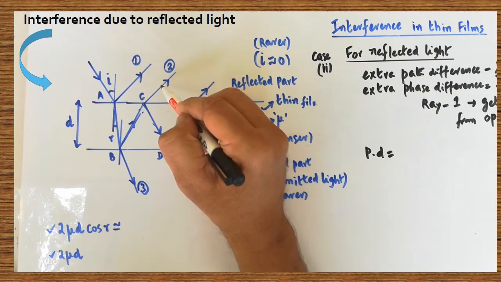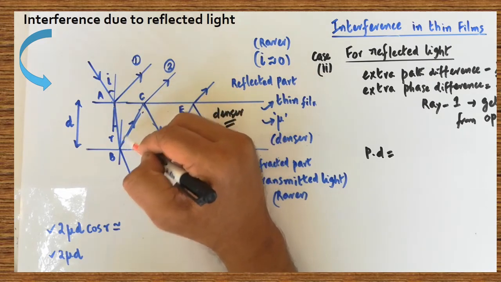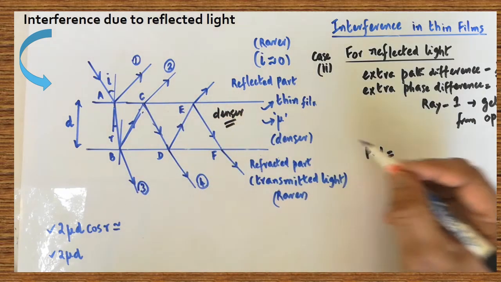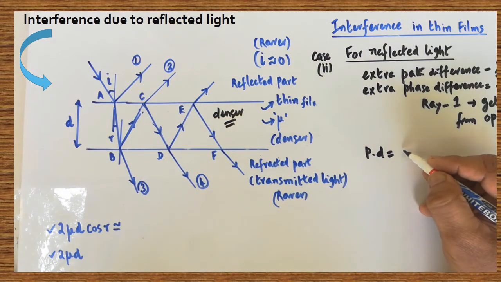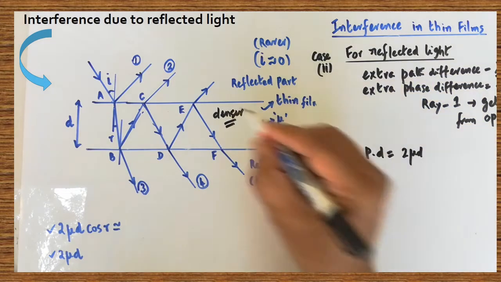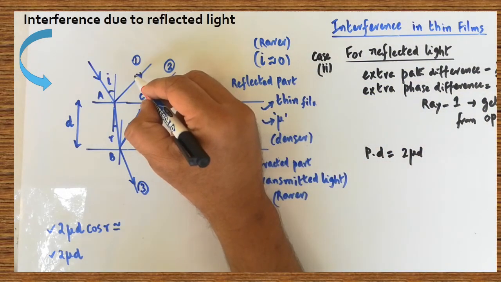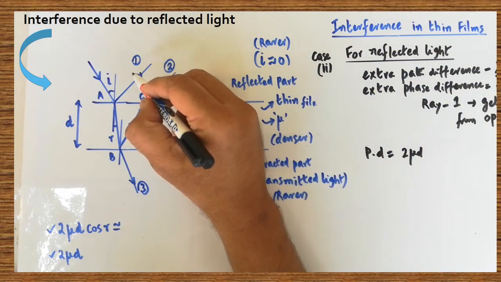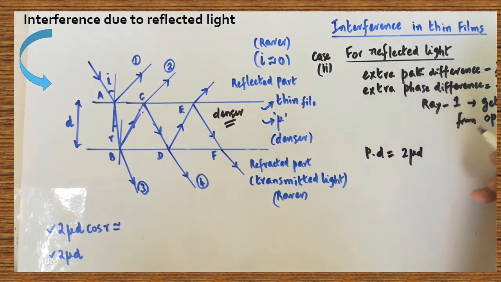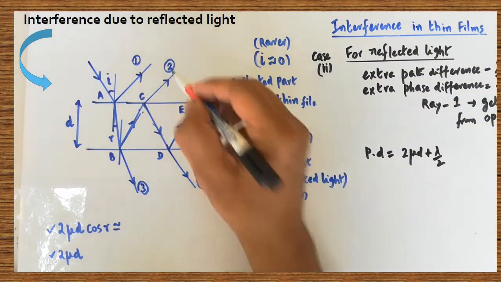That extra distance is 2 mu d, traveled by ray number 2. Apart from this, ray number 1 creates the extra path difference of lambda by 2. This is newly introduced, therefore I have to add lambda by 2 here. So this is the real path difference between ray number 1 and 2.